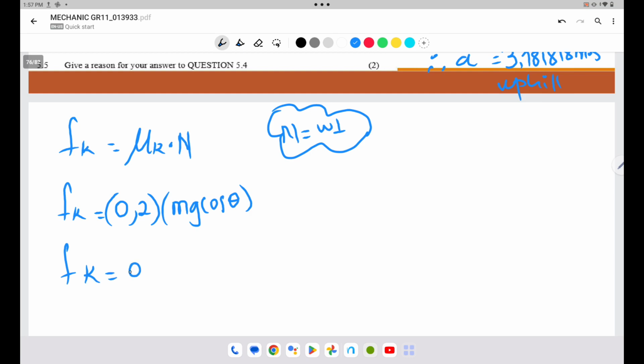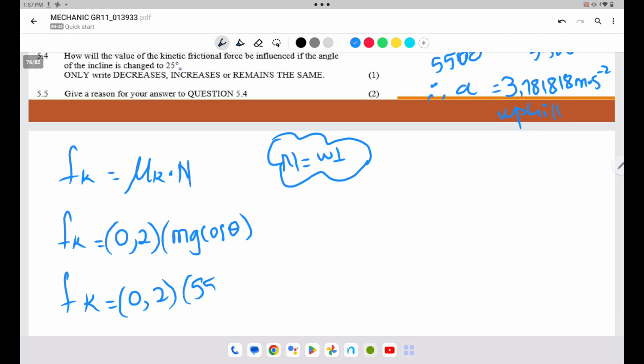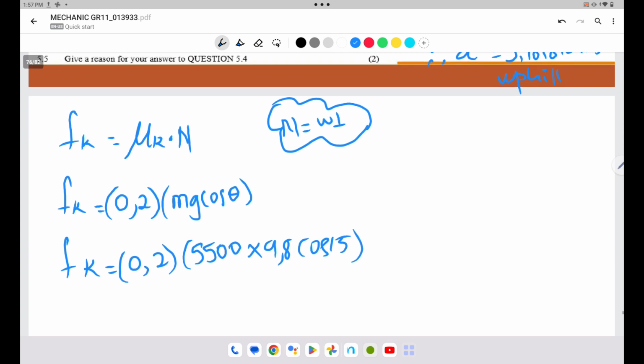So Fk will be 0,2, the mass 5,500, multiplied by 9,8, multiplied by cosine of 15. Okay, I got myself a calculator, so I no longer use the one on the screen. 0.2 multiplied by 5,500 multiplied by 9.8 multiplied by cosine of 15.